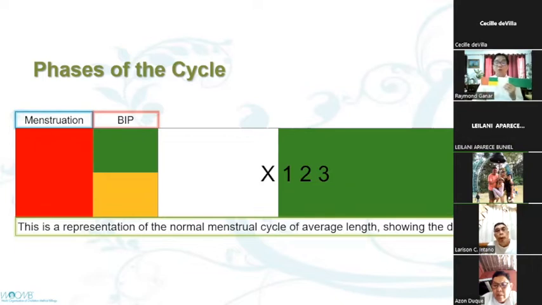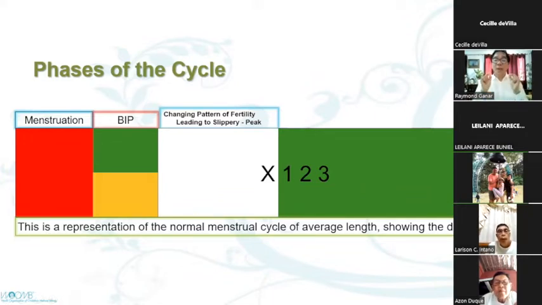But take note, during the initial instruction, we don't teach the BIP of unchanging pattern of discharge. After the BIP, you have the changing pattern of fertility, ending with a peak day. Take note, ending with a peak day.